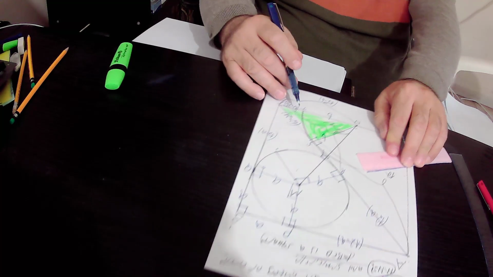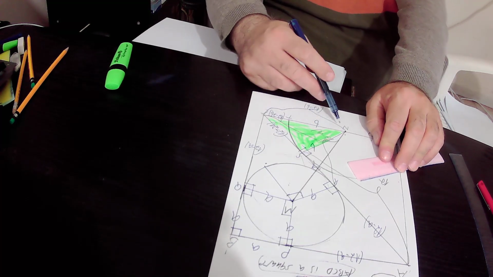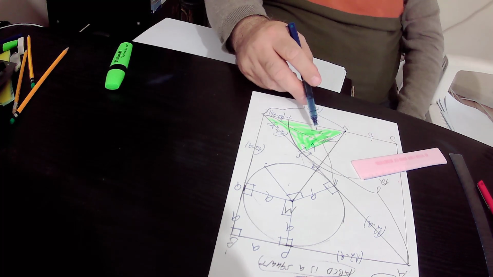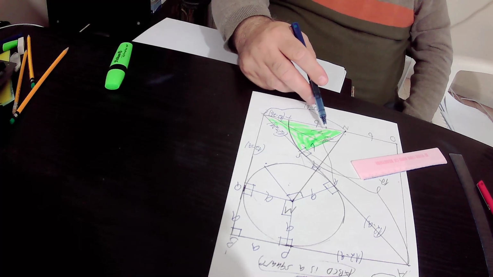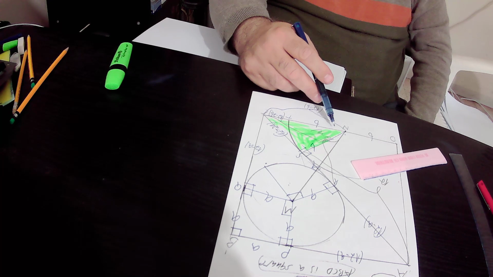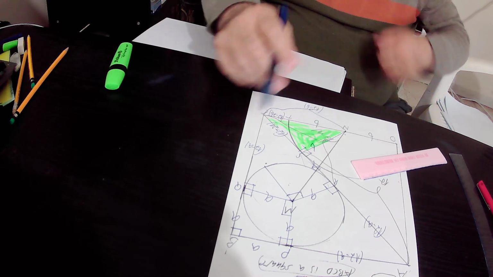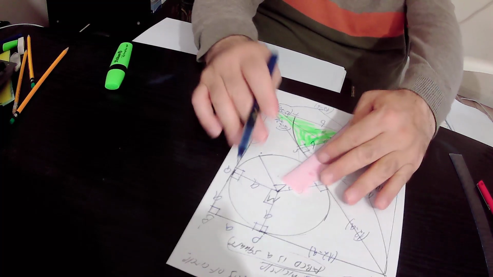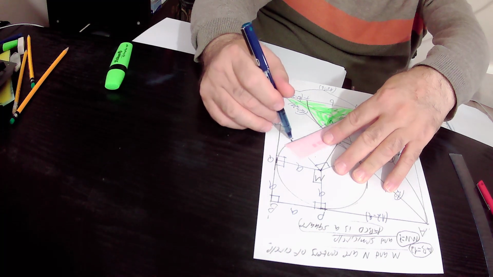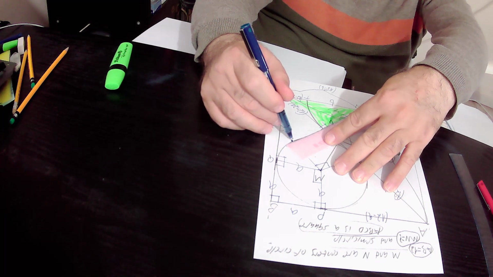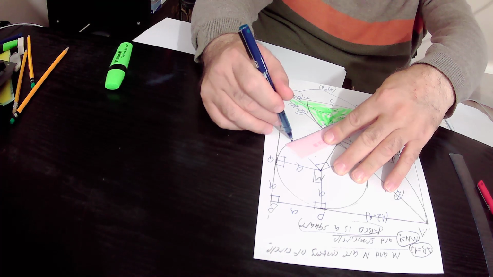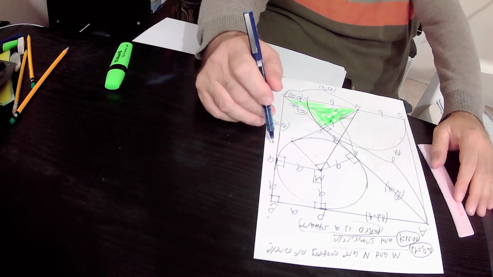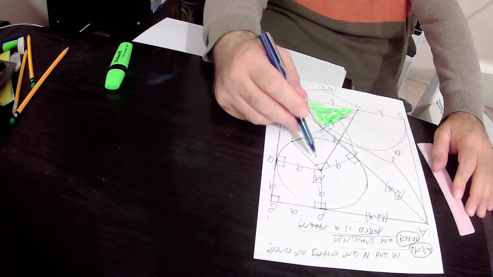And then from NS, NS is the radius of the semicircle, so we will extend the radius NS by a straight line until it intersects with the perpendicular from point M, and we define the intersection point of the extended NS and the perpendicular from point M as X.